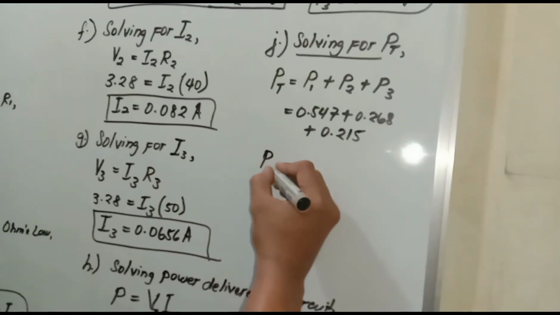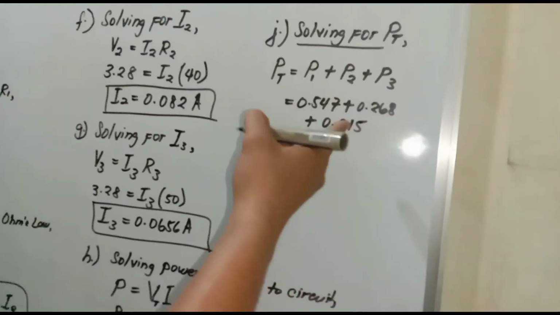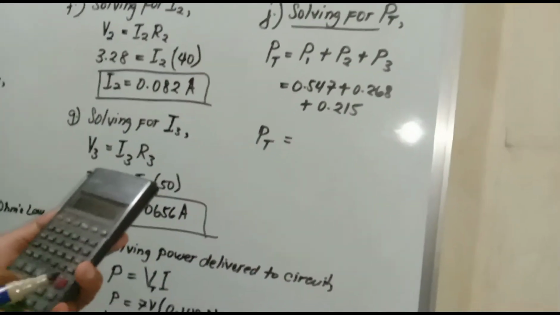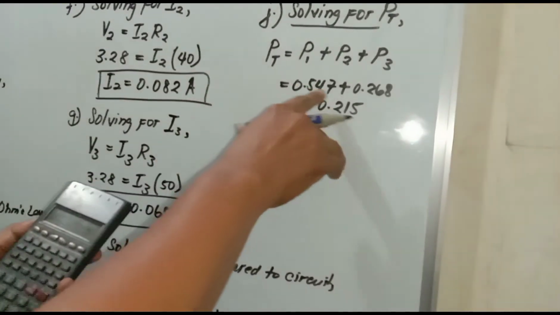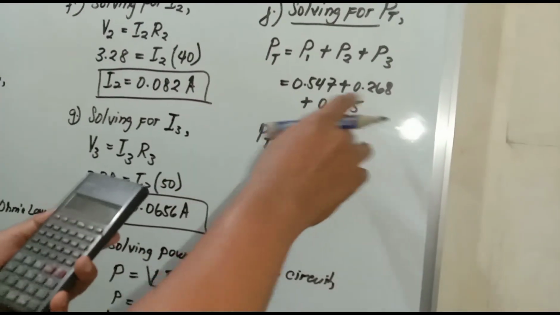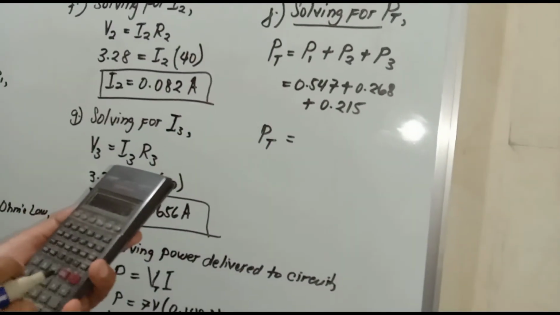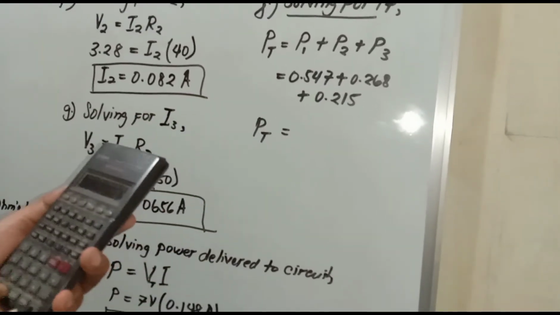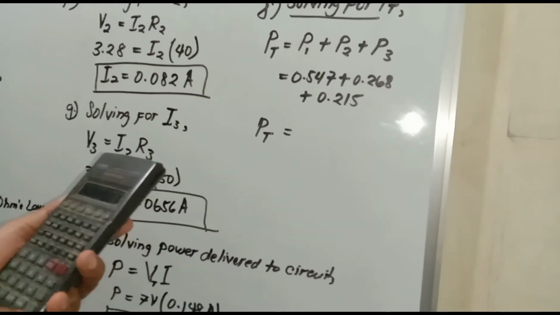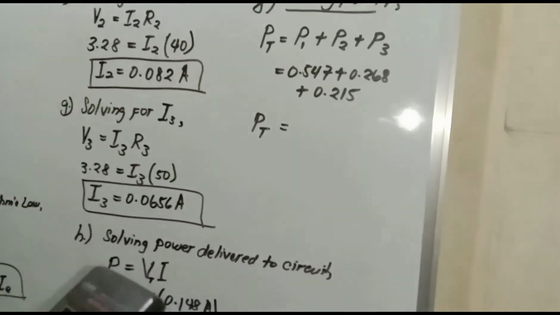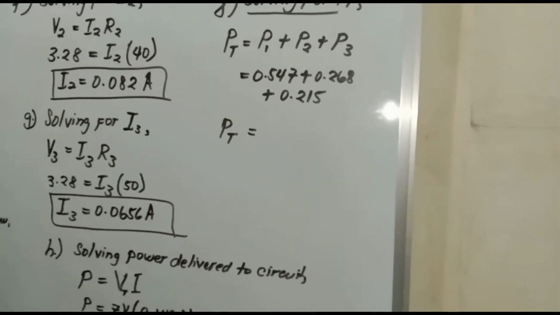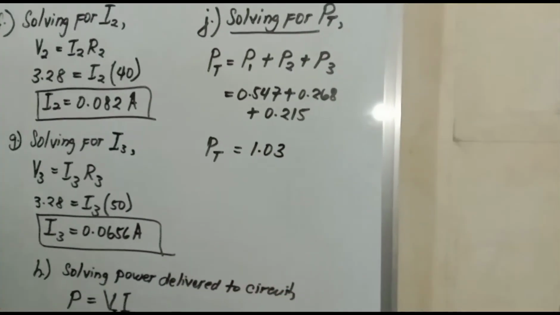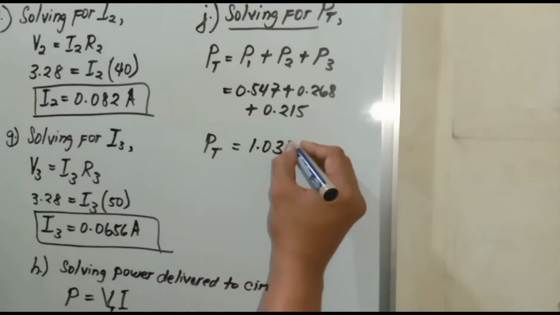So total power, the summation of these three powers, 0.547 plus 0.268 plus 0.215 is equal to 1.03 watts.